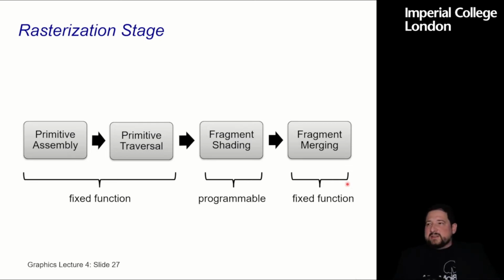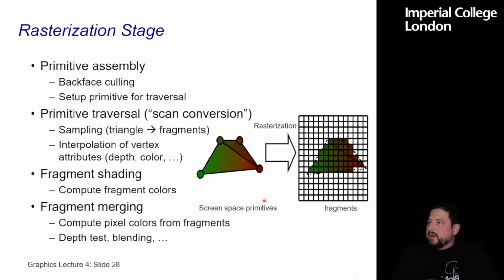But nowadays you can also program this bit, so you would either not define these functions at all and just do it in here, or you would probably abuse some of these functions and just use them for your own kind of fragment merging strategies. So in the rasterization stage, really, what happens here is primitive assembly. So you do things like backface culling.